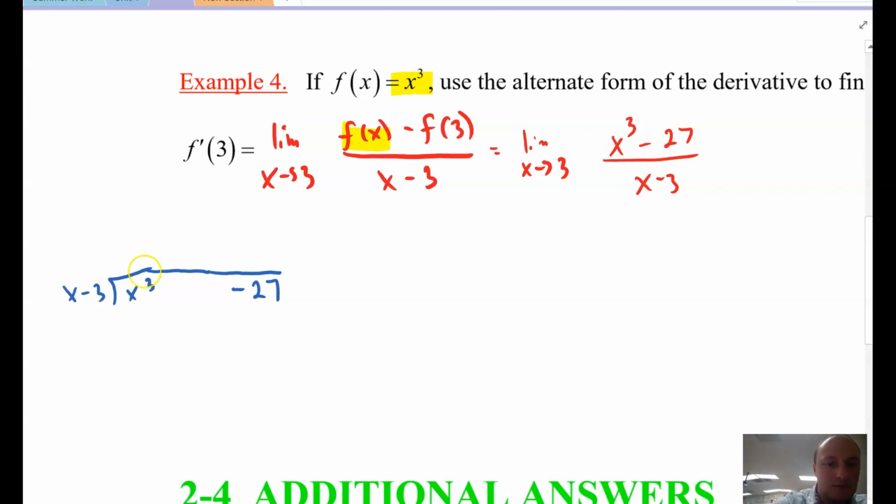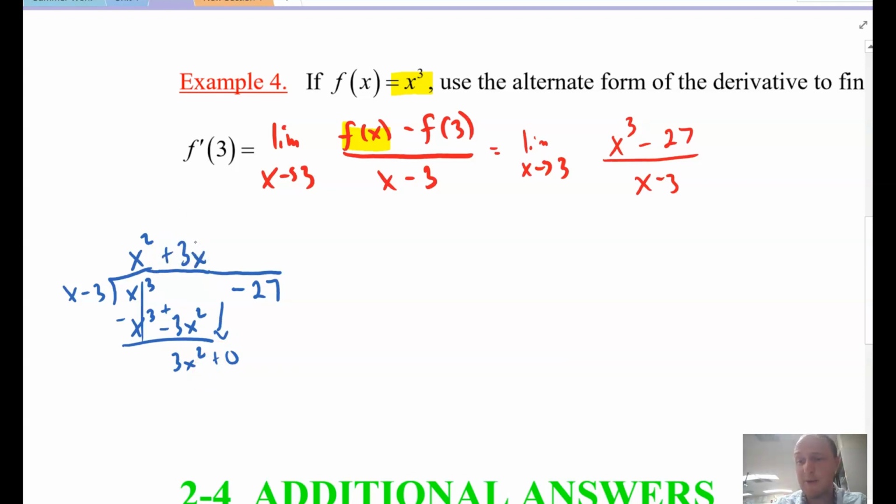x goes into x cubed, x squared times. So I'll distribute, giving us x cubed minus 3x squared. We'll change our signs. This becomes negative, this becomes positive, and I get positive 3x squared. I'm going to bring down the 0, plus 0, and then x goes into 3x squared 3x times.